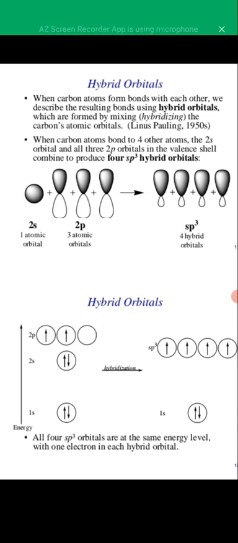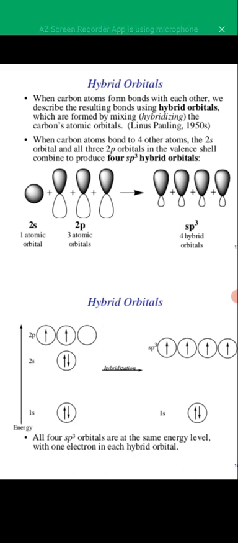I told us hybrid means new orbitals formed from existing ones. These hybrid orbitals are formed by mixing the carbon's atomic orbitals. When carbon atoms bond to 4 other atoms, the 2s orbital and all three 2p orbitals in the valence shell combine to produce 4 sp3 hybrid orbitals.